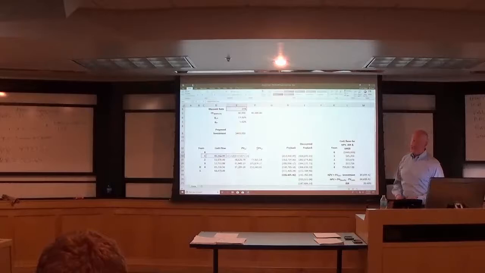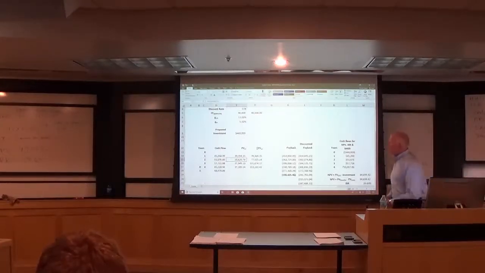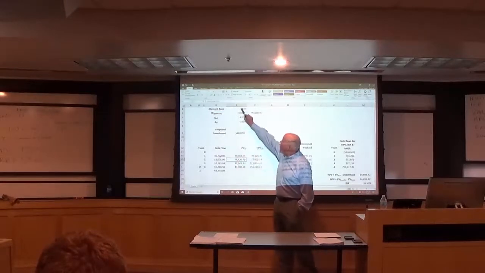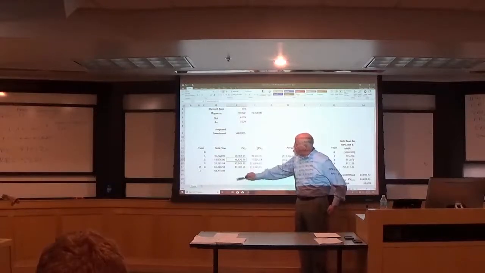Looks a little more complex than that, but it's not. So I put that number there. And the next one is the same thing, but it's for the next year's cash flow. So in this second column, I am discounting these cash flows at this rate for this period of time. I'm just putting the number there.